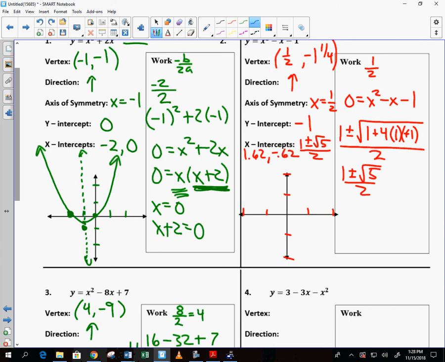(1/2) and negative 1 1/4 is going to place me right here. Axis of symmetry goes right down the middle. I have a y-intercept of -1.